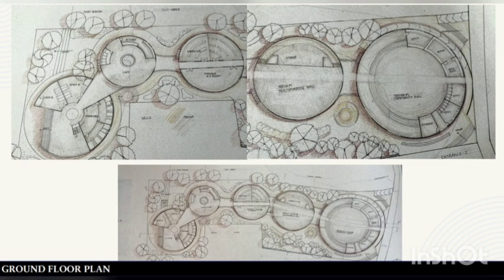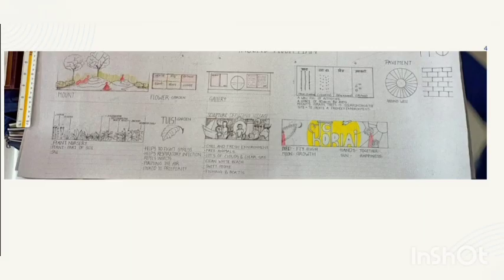And if we enter from gate 1, as we move ahead, we can see the flower garden, a mount, then a tulsi garden and a plant nursery.